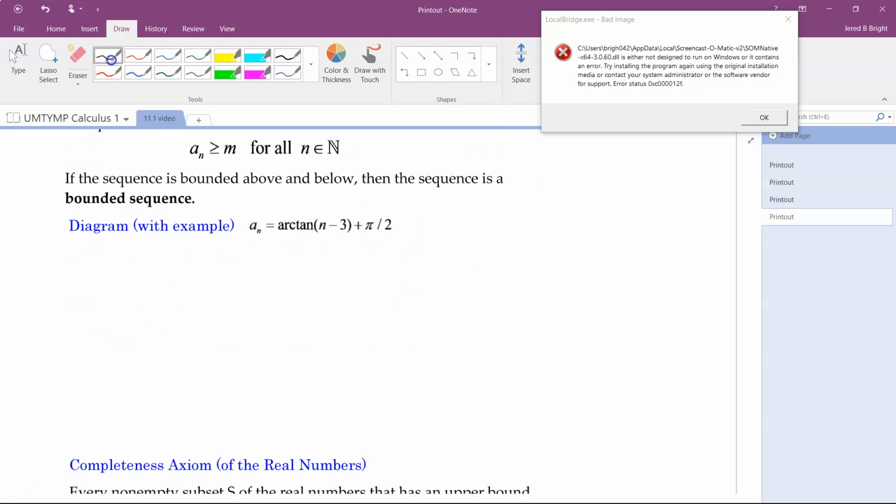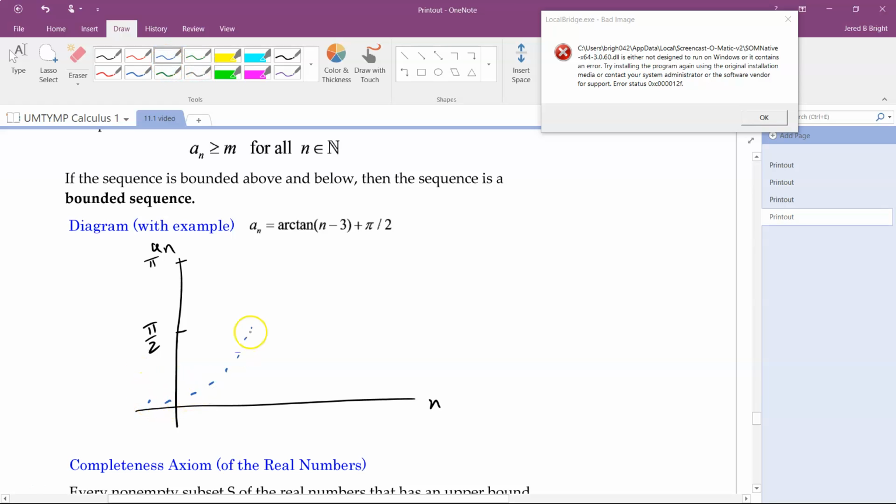So just as a diagram here, with the a_n is our tangent sequence. So if I look at n and a_n, pi over 2 ends up being right smack dab in the middle, and then if we look at pi and 0, the sequence of values, I'm not giving you a defined axis here, but we end up getting something like this, and we end up being bounded above by pi and bounded below by 0.